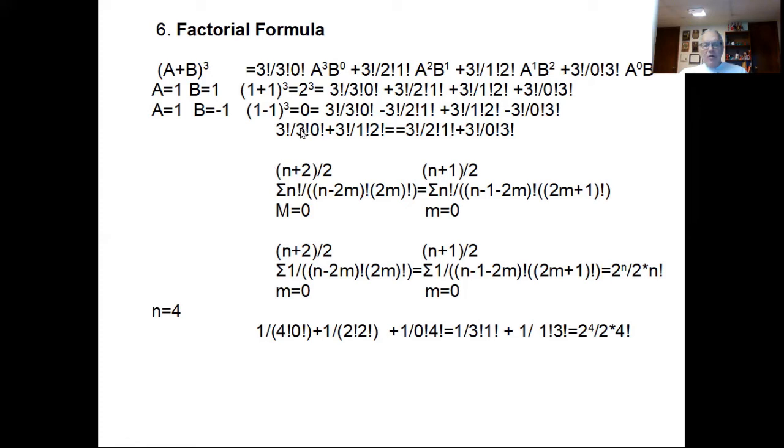And we'll notice here, we're skipping terms. And I tried to write out a formula for both the positive result and the negative result to describe what the answer would come out to be. So if we took, in this case, n is 4, 1 over 4 factorial, 1 over 2 factorial, and 0.